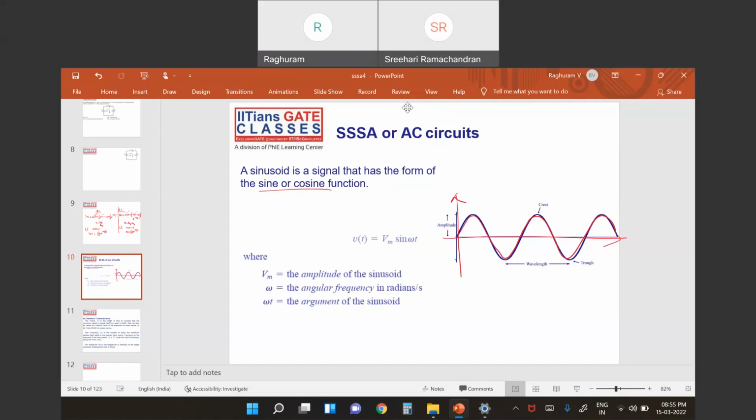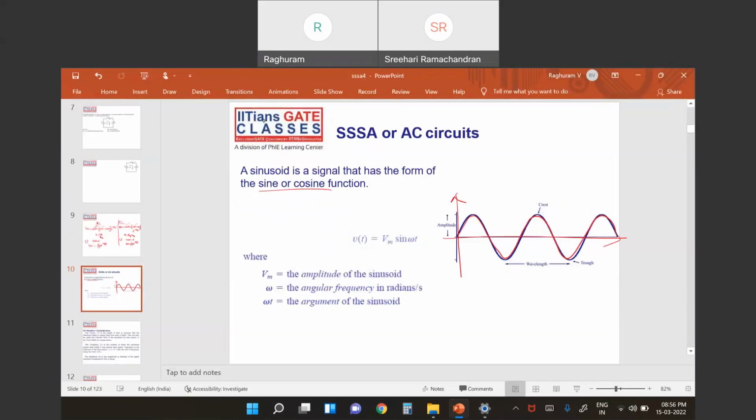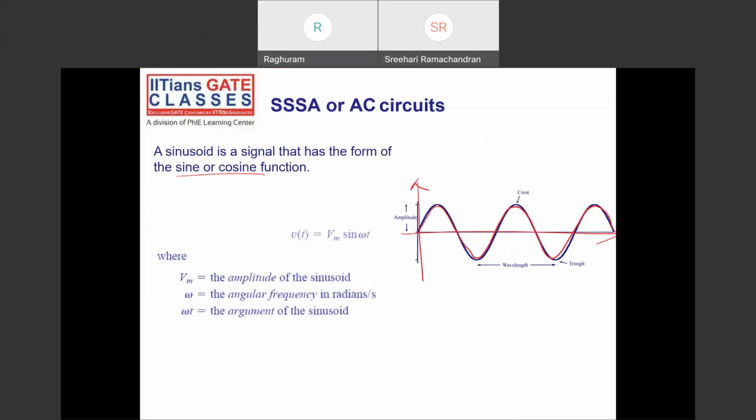This is how you write it: V of t is equal to Vm sine omega t. This is how you represent it. It's a sine or a cosine function. Sine to cosine, I think you'll know those.